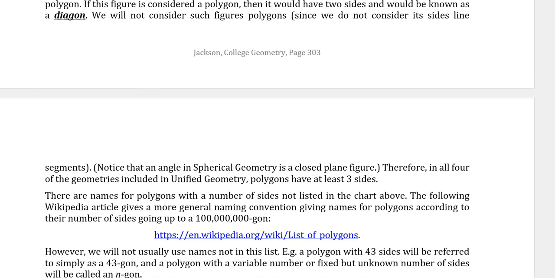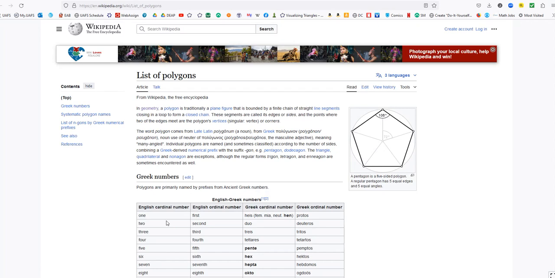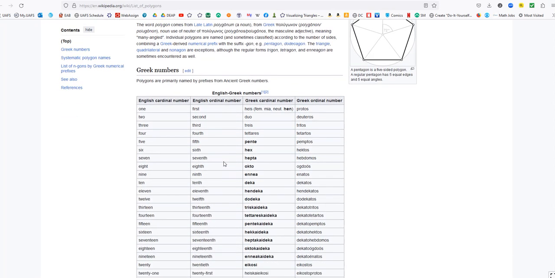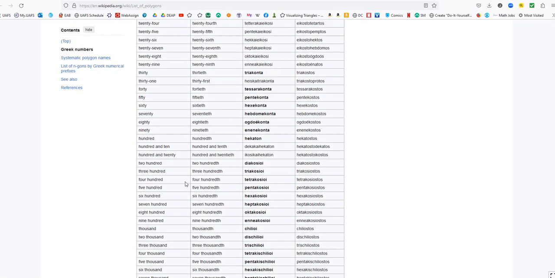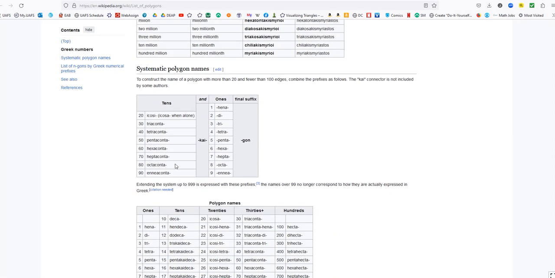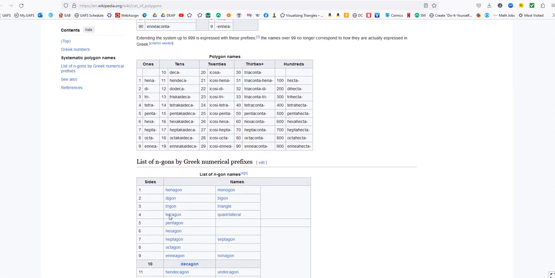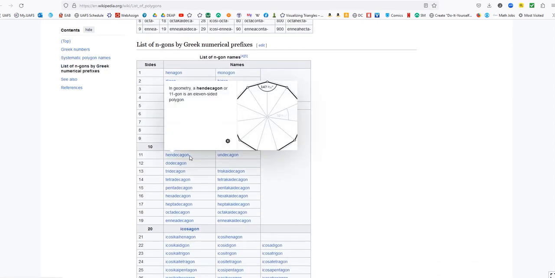Now, there are some naming conventions for polygons up to many sides. Here's a Wikipedia article. You can see the link there. I'm going to go to it. And here is a naming convention for polygons up to 100 million sides. Isn't that ridiculous? It uses basically the Greek numbering system, and you can put these things together. Here's the sides up to 9. A decagon is 10, and then hendecagon or undecagon.